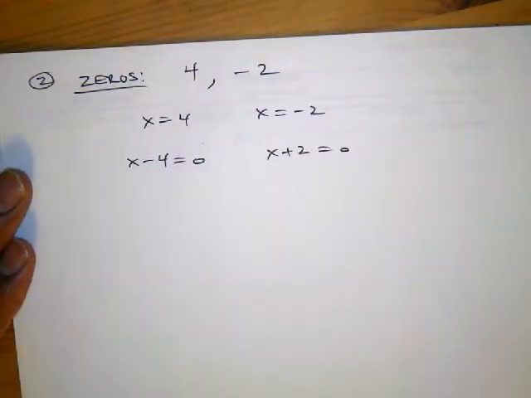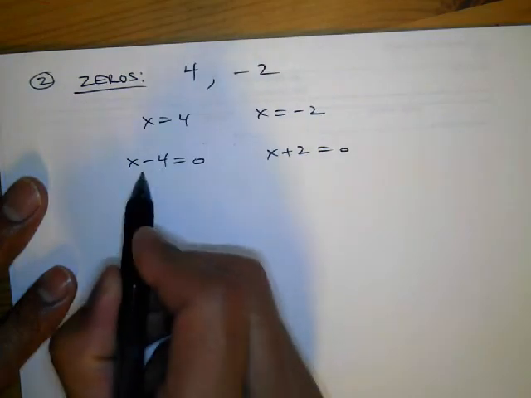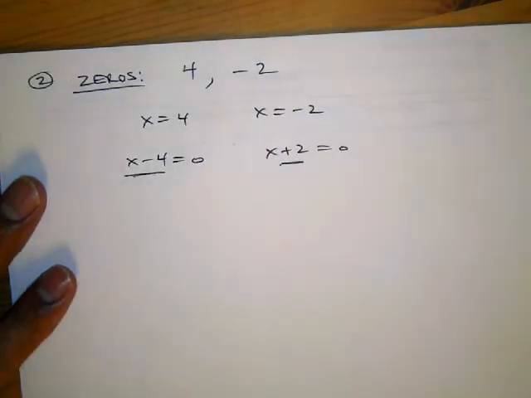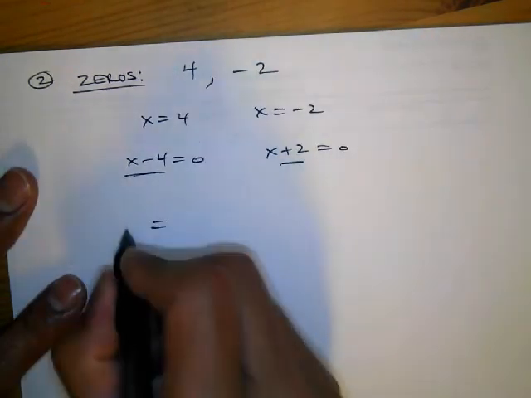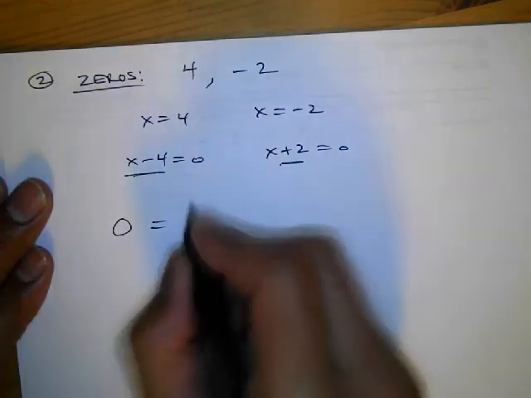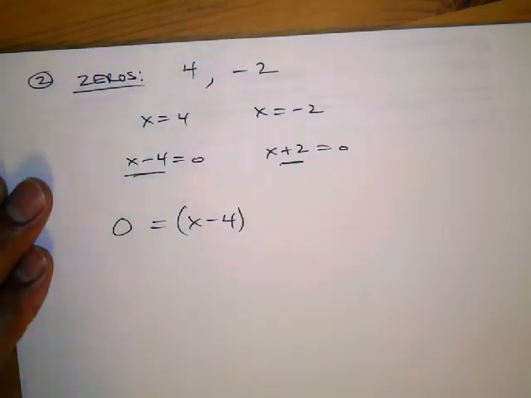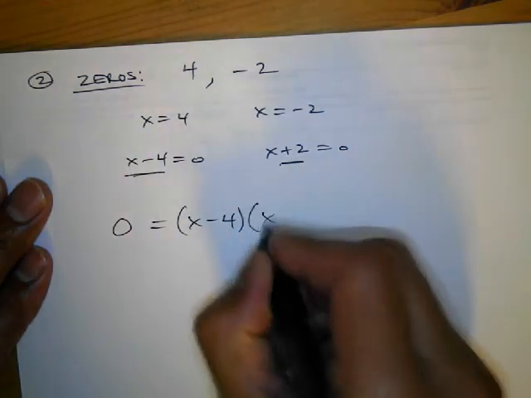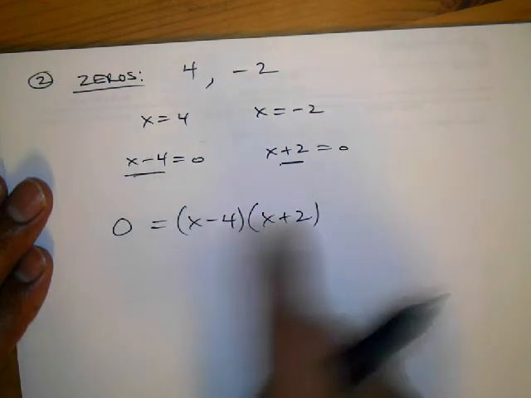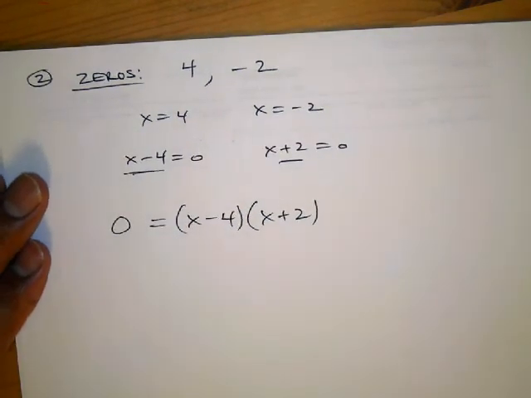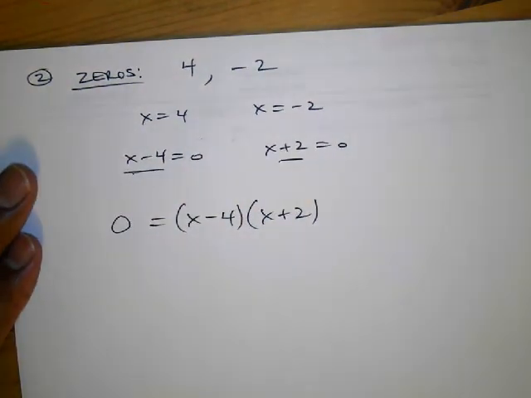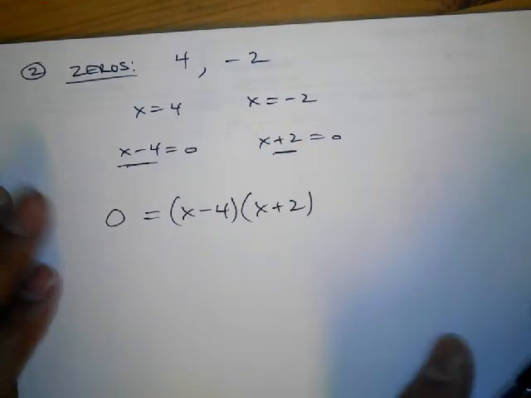I'm putting it back, that would be x plus 2 is equal to 0, right? That means this part is the part that goes in the parentheses, equal to 0. That would be x minus 4, x plus 2, right? This one's equal to 0, and this one's equal to 0, right? We're working backwards.